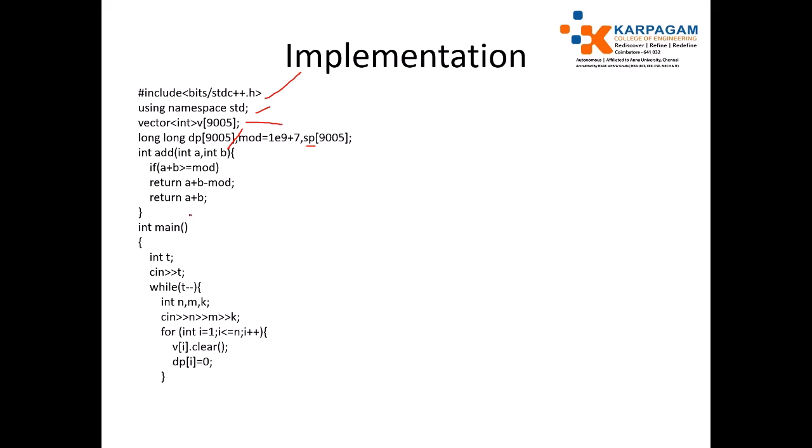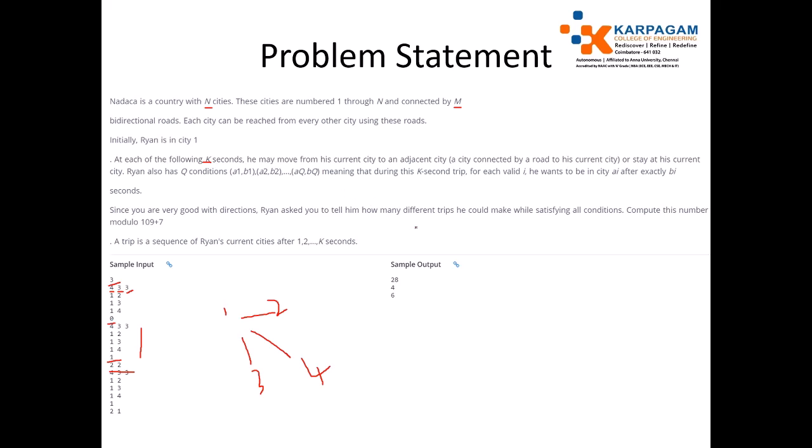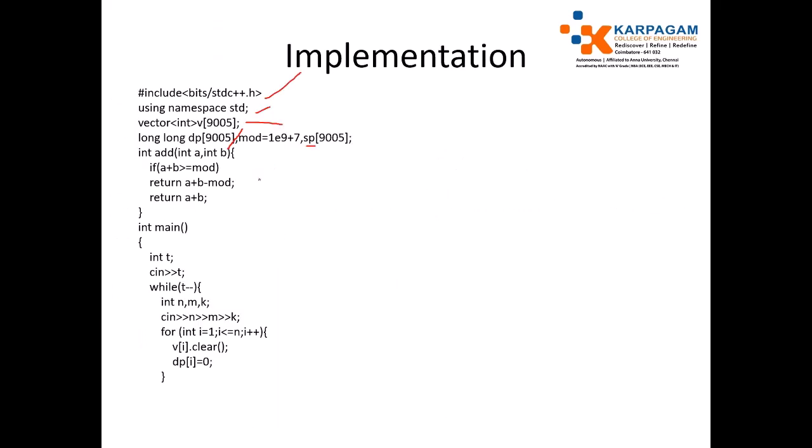Every time, you are counting the number of different trips that meet all conditions. That is why I have used this add function instead of the mod operator. If the value exceeds 10 to the power 9 plus 7, just subtract it. Don't apply the percentage symbol, which is very costly when compared to this operation.